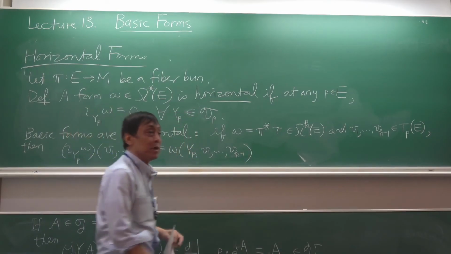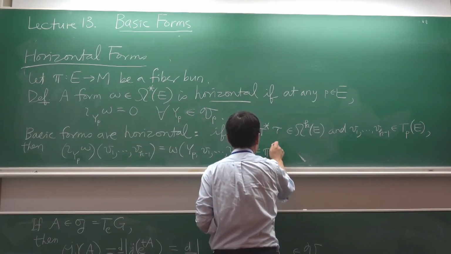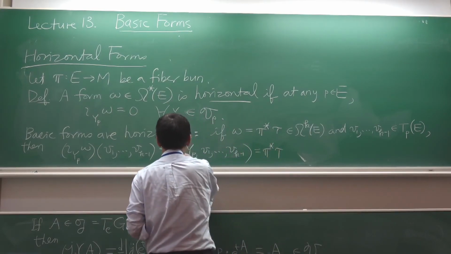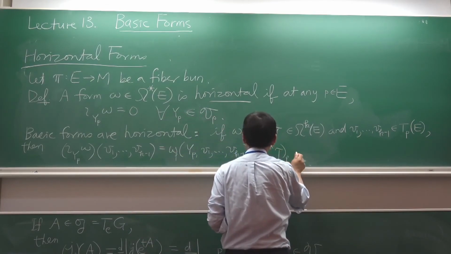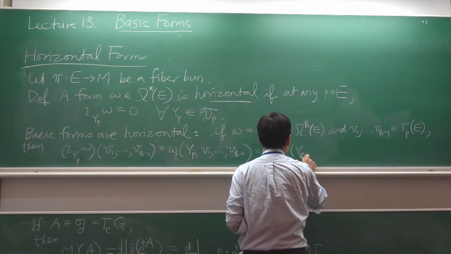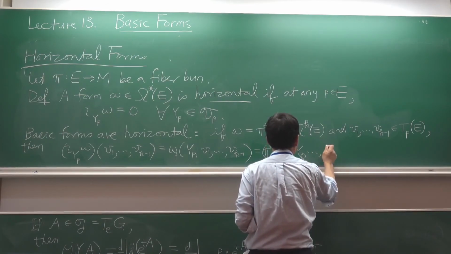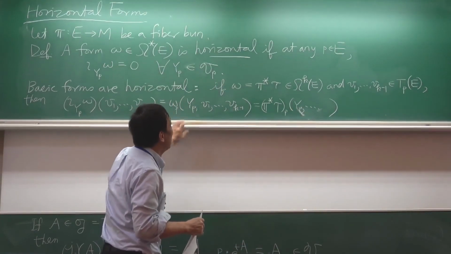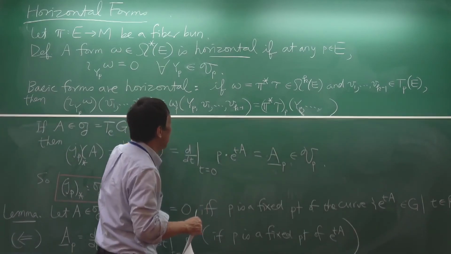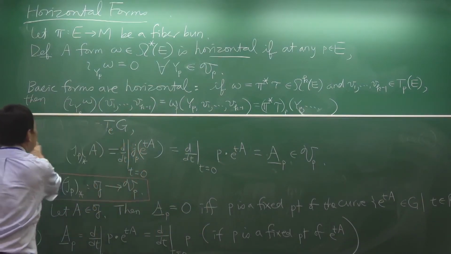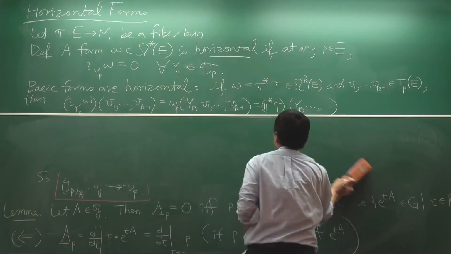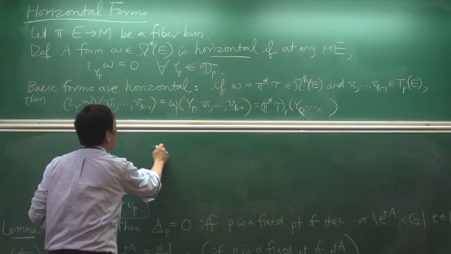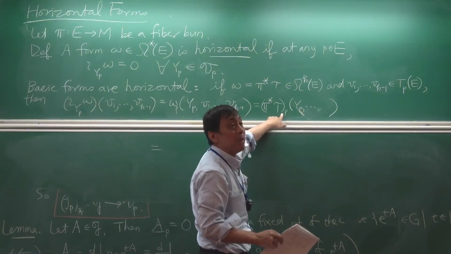But omega is the pullback of tau. What's the definition of the pullback?